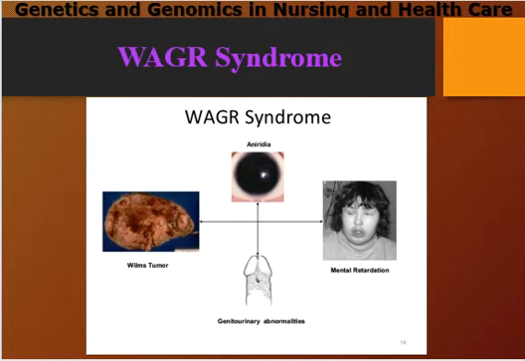The G is for genitourinary involvement, so that could be hypospadias, it could be undescended testes. In females, it's streak ovaries. These individuals are infertile, and also it can result in ambiguous genitalia as part of that genitourinary component. And the R stands for retardation.